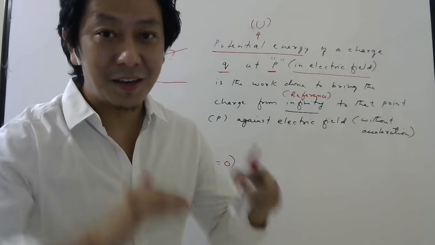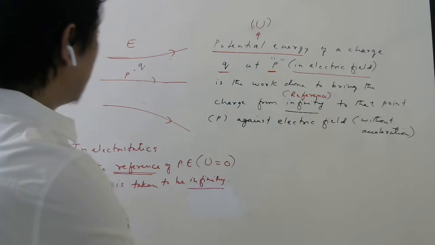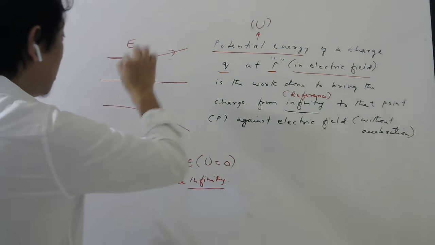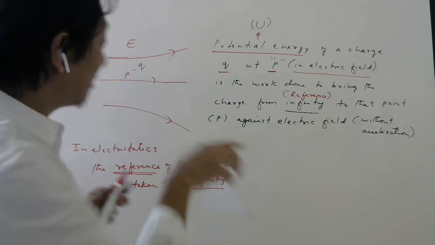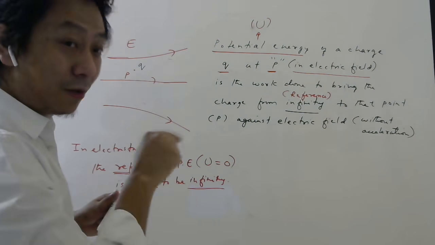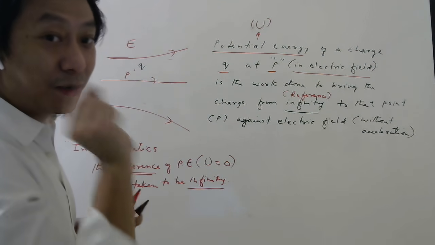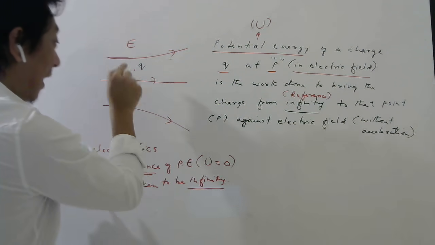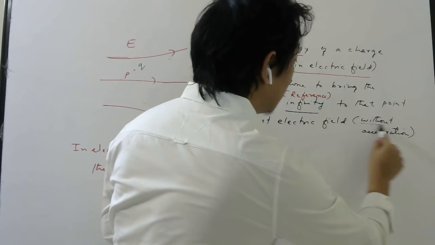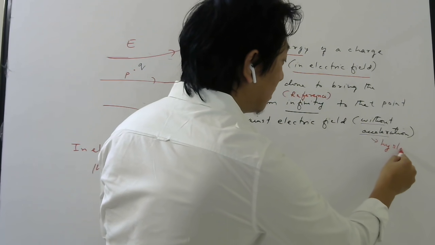Everybody has decided the reference should be the same, and they have decided it to be infinity. So whatever work you do to bring this charge from infinity to this point against the electric field of the source charge, that work done is the potential energy of this charge at this point. And you should mention that it is brought slowly. When I say without acceleration, it means I am bringing the charge slowly.